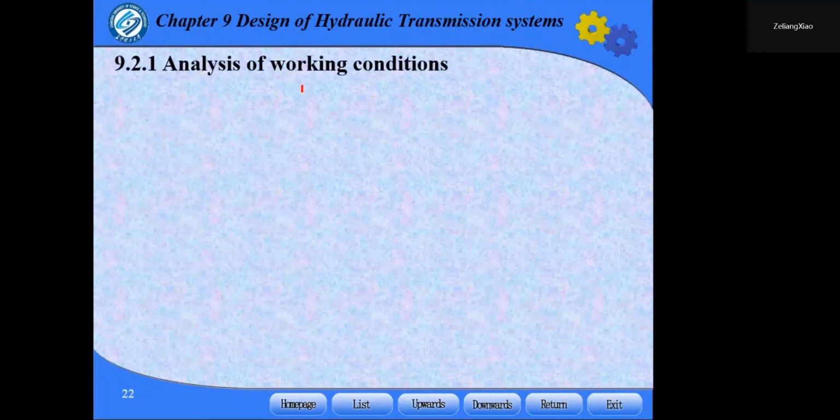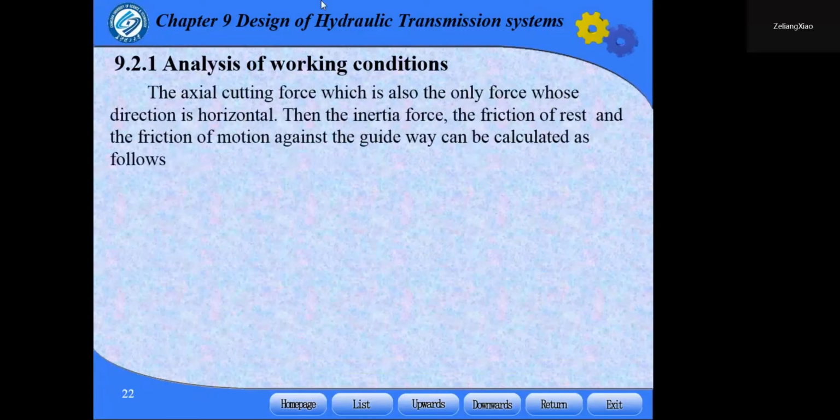So the analysis of the working conditions. Cutting force is the only force whose direction is horizontal. Then the inertial force, the friction of rest, and the friction of motion, we calculate first.